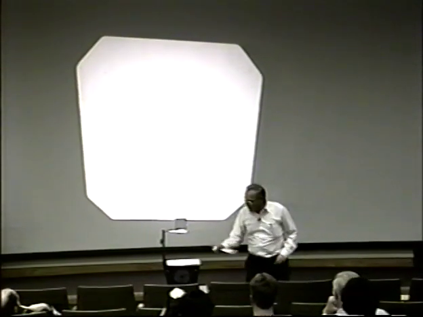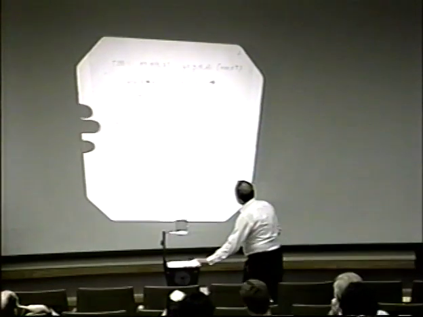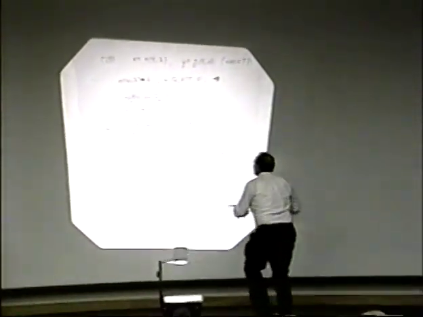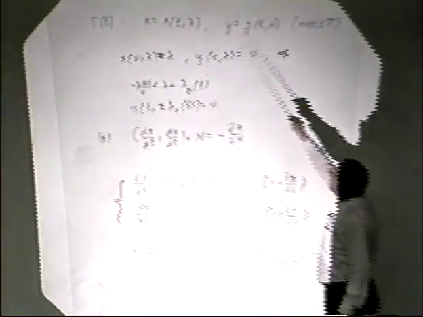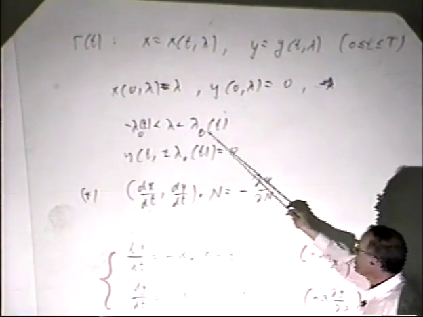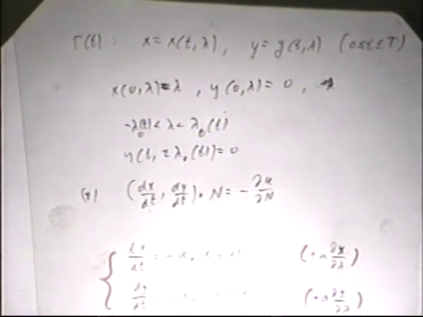So what I just said, let me formulate it again, now with parameterization. Here is a family of curves. Lambda is a parameter that varies between, say, minus lambda 0 and plus lambda 0, and I don't know what lambda 0 is.